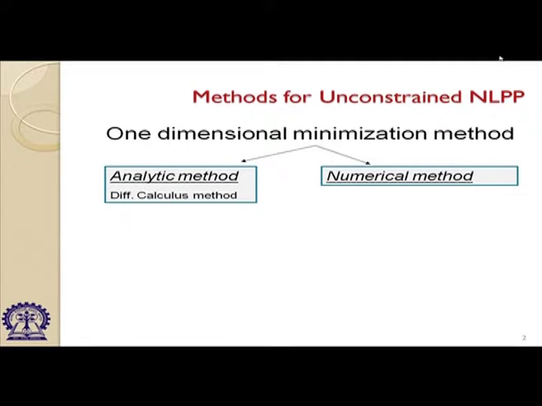That is why all the methodologies available till date can be divided into two categories. One is the classical optimization technique, that is the analytical method, and the other we call numerical optimization, or the numerical method, for solving unconstrained optimization problems.